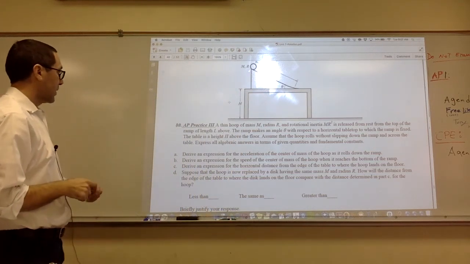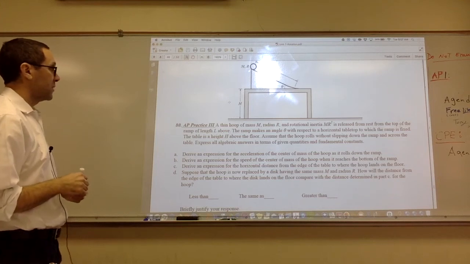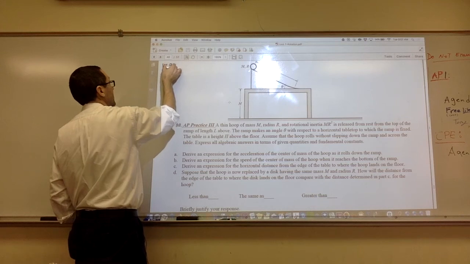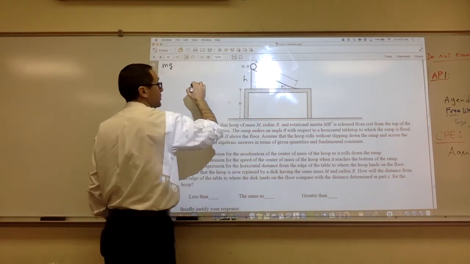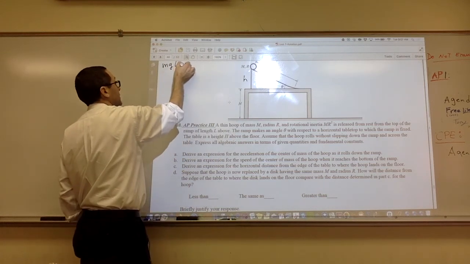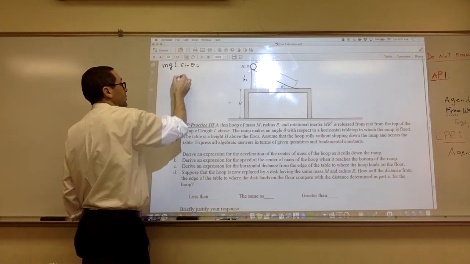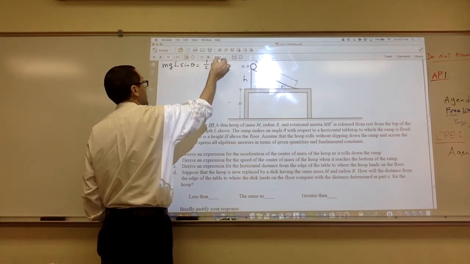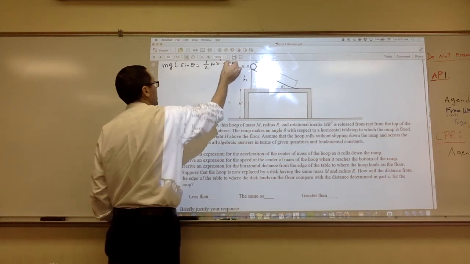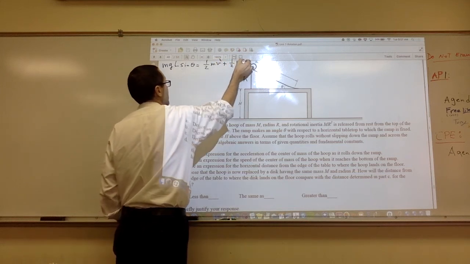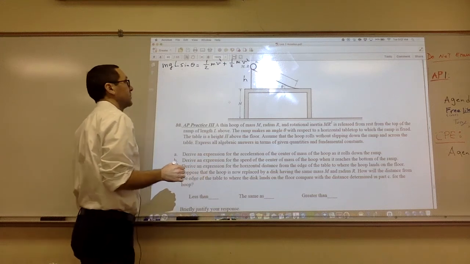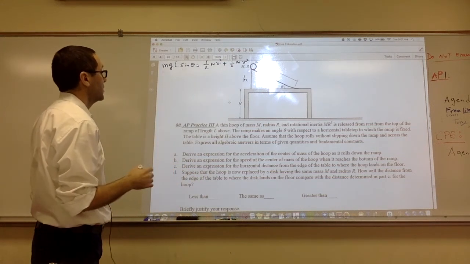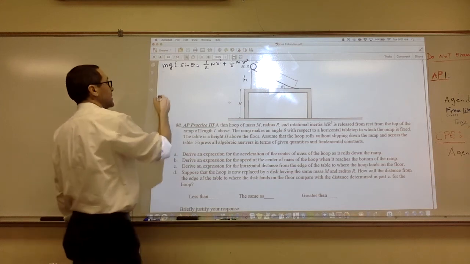Okay. Derive an expression for the speed of the center of mass of the hoop. So we're going to have to do conservation of energy. So mg h, which is basically L sine theta, equals 1/2 mv squared. That's your translational kinetic energy. But since the coefficient of the moment of inertia for a hoop is 1, both kinetic energies are going to be the same, rotational and translational.